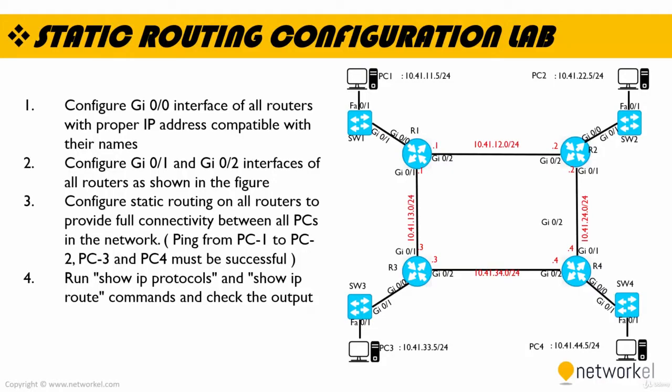In this practical lab, we'll take a look at the static routing configuration together. We have 4 steps to configure for this lab, guys. In the first step, the lab is asking us to configure the gig0/0 interface of all routers with a proper IP address compatible with their names.